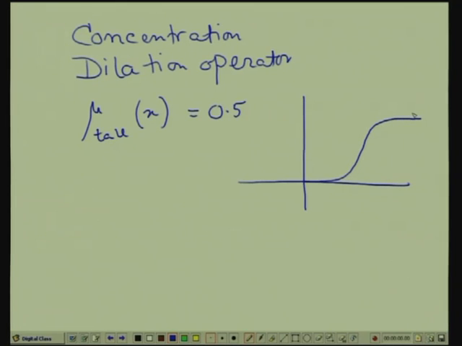Now, for a particular height, say this height, which may be 5 feet 6 inches, I have a membership value of something like 0.5. Obviously, for this height the membership in the set very tall should be less. So, intuitively we can think that the set very tall will be something like this. All right, this will be very tall.